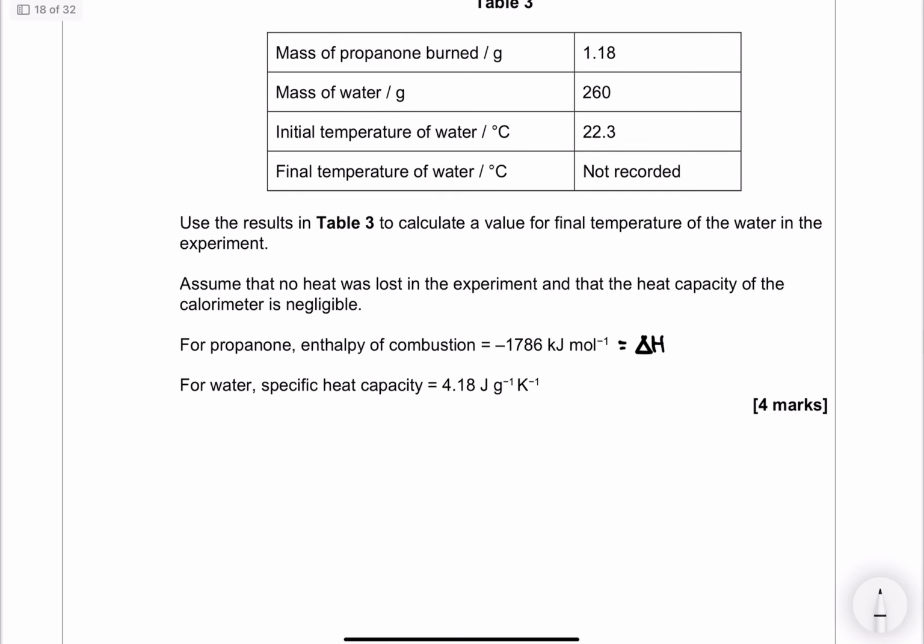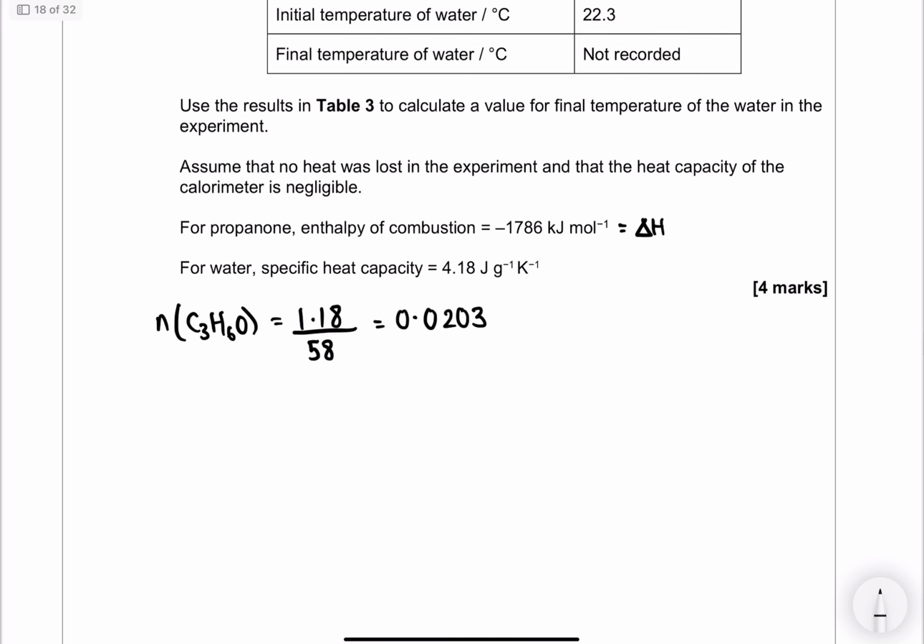So I think the first thing to do would be to find out how many moles of propanone we burnt. We burnt 1.18 grams, and we need to add up the Mr of propanone, C3H6O. We find out that we burnt 0.0203 moles.